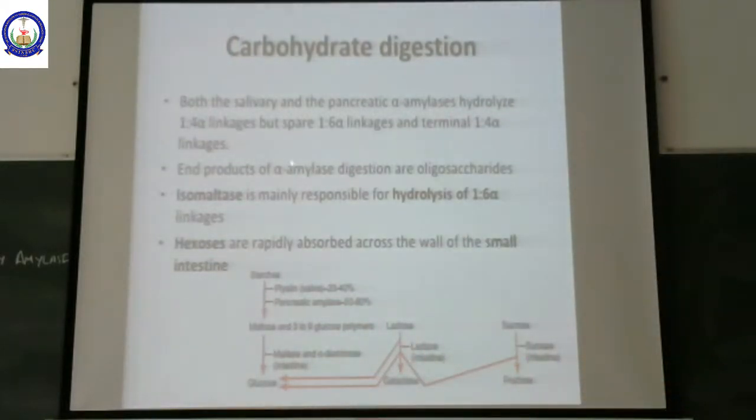Amylase will not directly break the polysaccharide into glucose units. Rather, it will convert polysaccharide into oligosaccharides. Then other enzymes, which are responsible for the breakdown of the final bonds, that is the 1:6 alpha linkages, are isomaltase and others. The hexoses are rapidly absorbed across the wall of the small intestine.